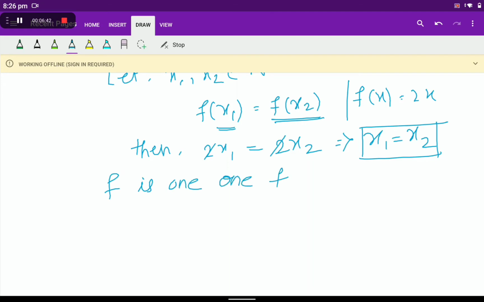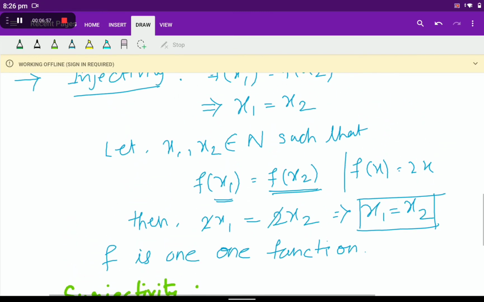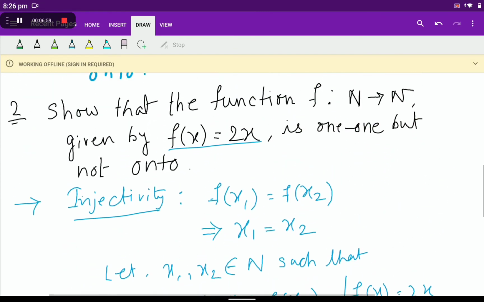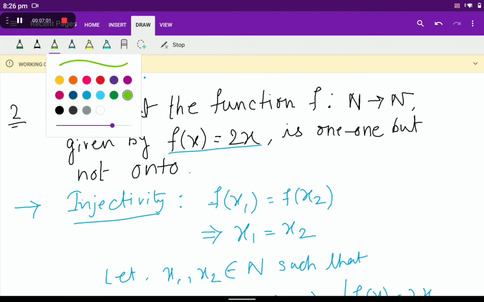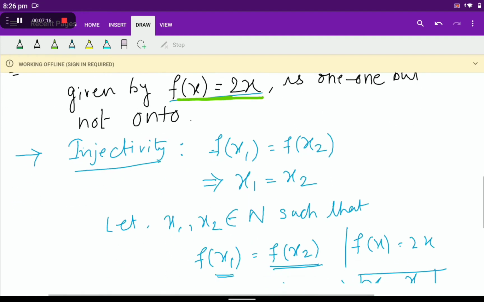Now what about its surjectivity? It is clear that f takes even values, because f of x equals 2x. Therefore no odd natural number in N has its pre-image in the domain. What is the definition of a surjective function?